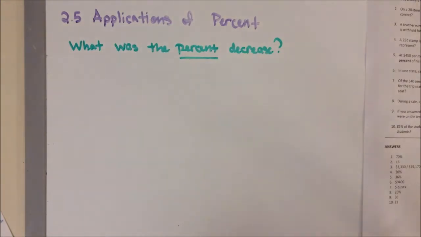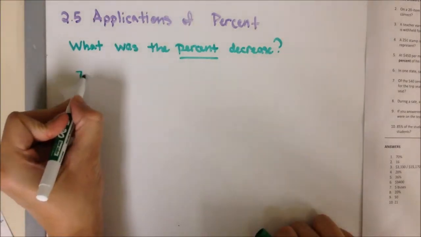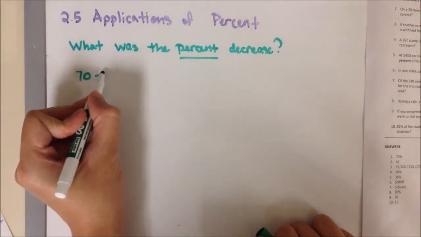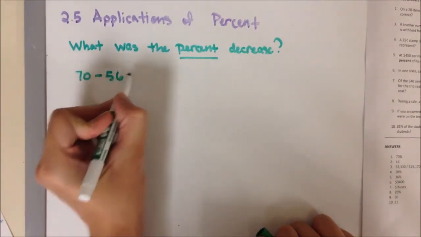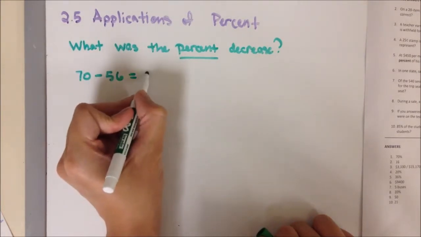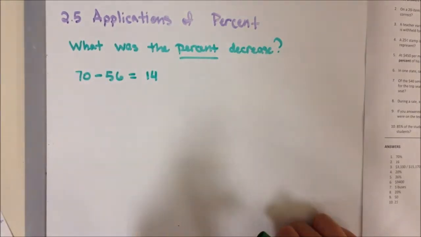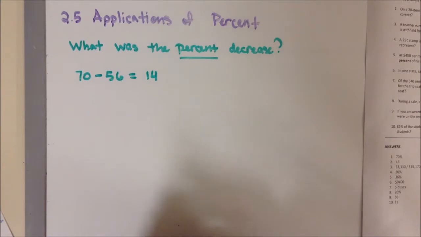So let's take a look at the prices that changed. So it went from 70 to 56. So the difference between 70 and 56 is 14. So the change or the decreased price was $14.